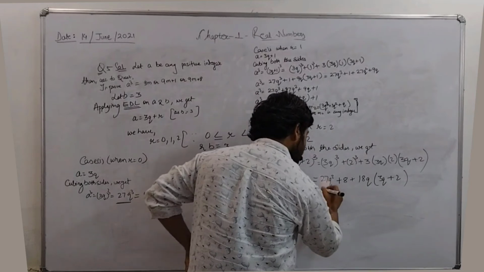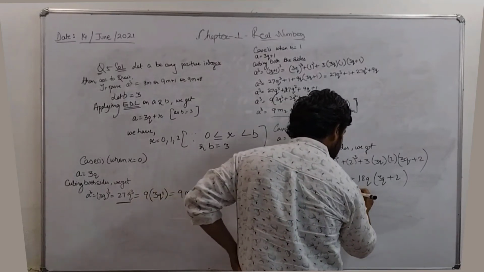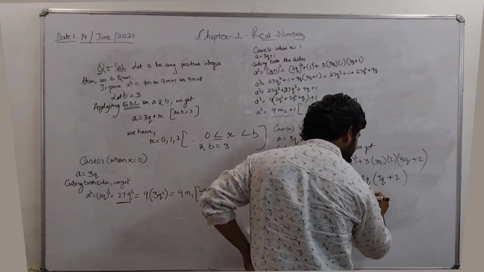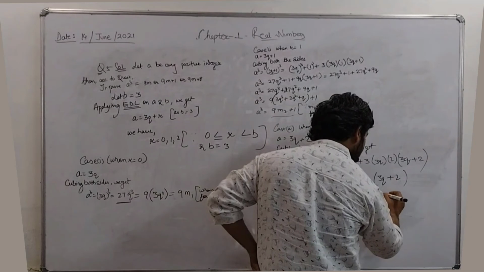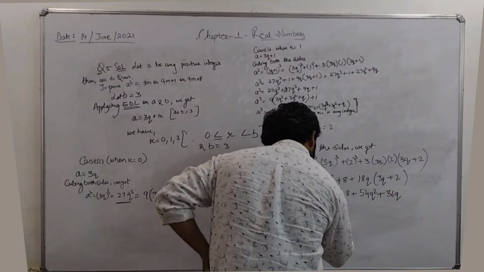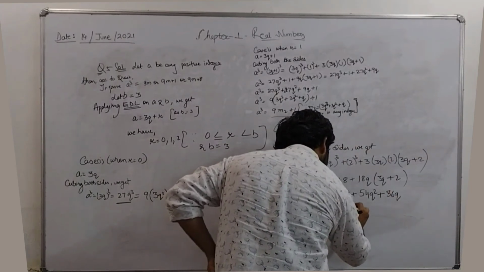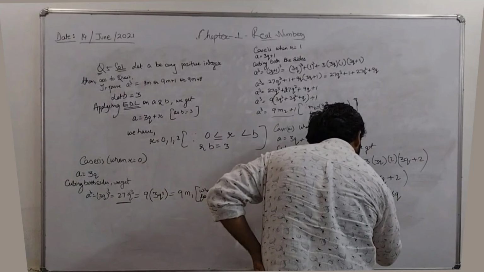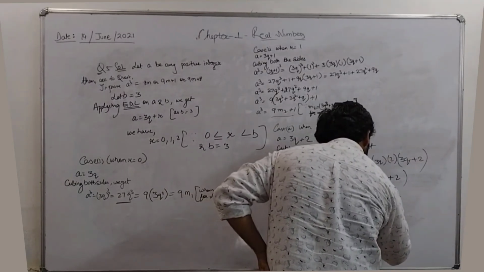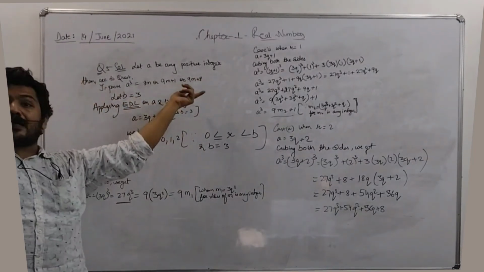Okay, so 27q cube plus 8 plus 54q square plus 36q. Writing in simpler format, 27q cube plus 54q square plus 36q plus 8. Now let us see whether we have it in the 9m plus 8 format or not.